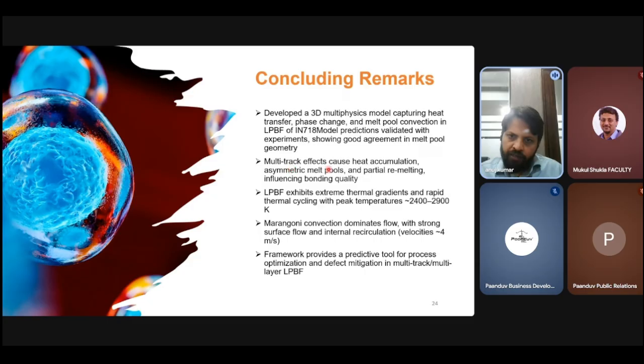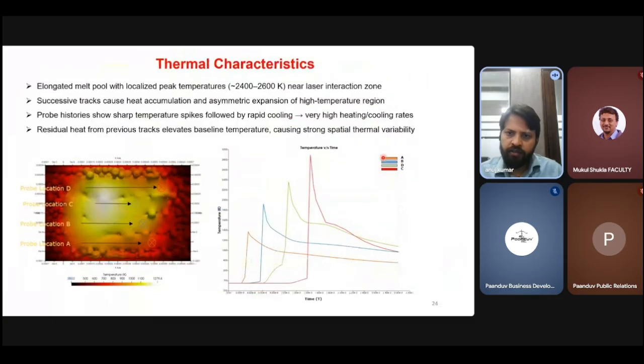We can definitely see the multi-track effect in the temperature profiles. When we are fusing the adjacent layer in multi-track, heat accumulation happens. You can see a definitive spike in the temperature range, which can only be predicted in a multi-track study. In single track, you cannot ascertain whether it is a temperature spike or not.